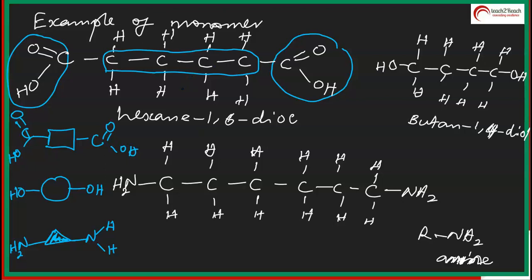Do you get that? Yes, sir. So based on this, we'll look at two types of condensation polymerization: formation of polyester and formation of polyamide. Specifically for your curriculum, we'll just focus on what is required.